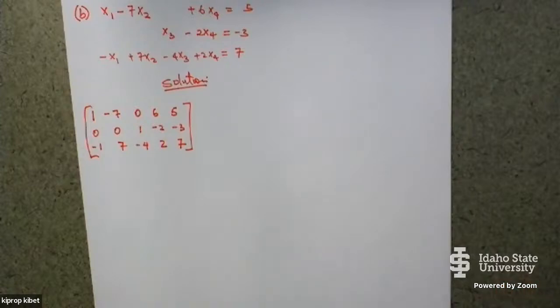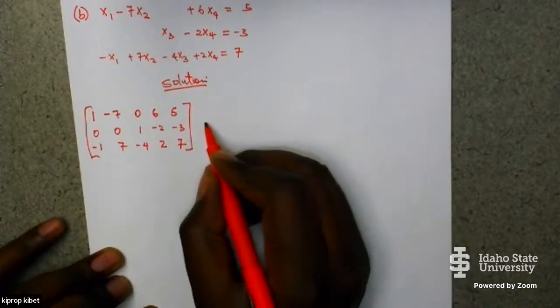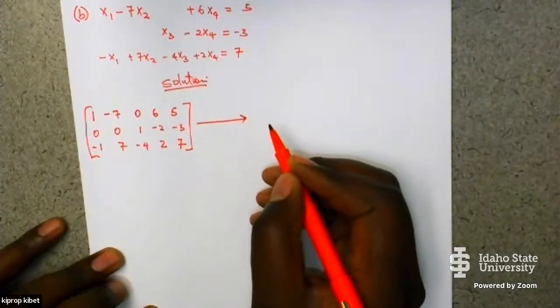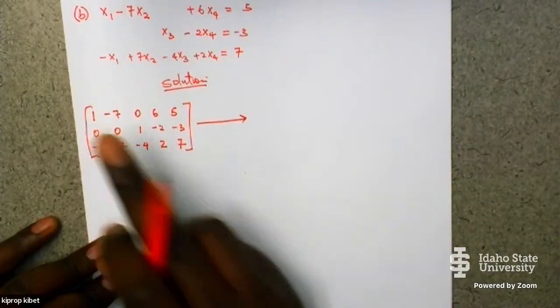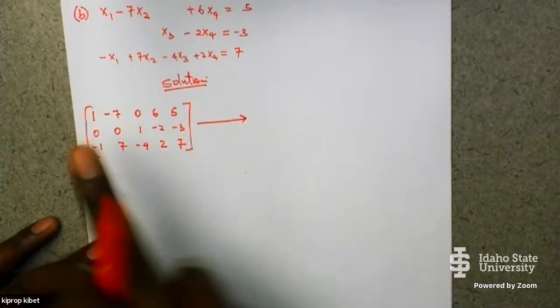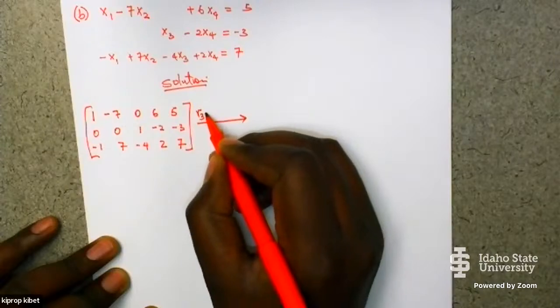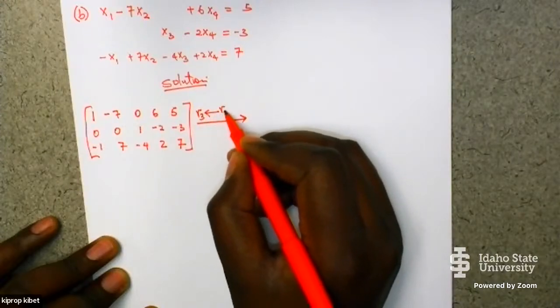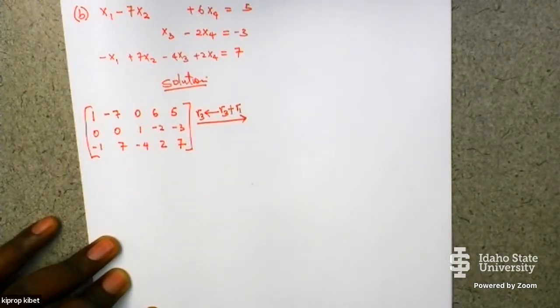Now we reduce the first column. So reducing the first column, the second row here is 0. So we deal with the last one here. In this case, the new R3 will be R3 plus R1.